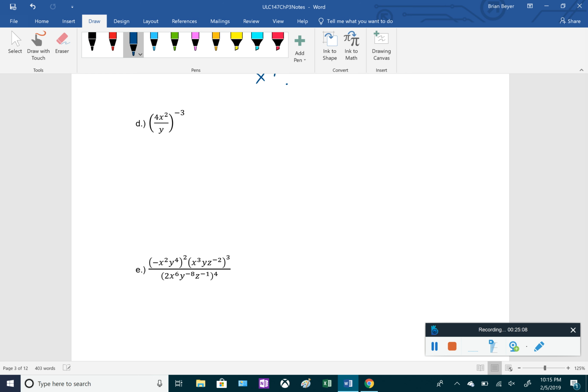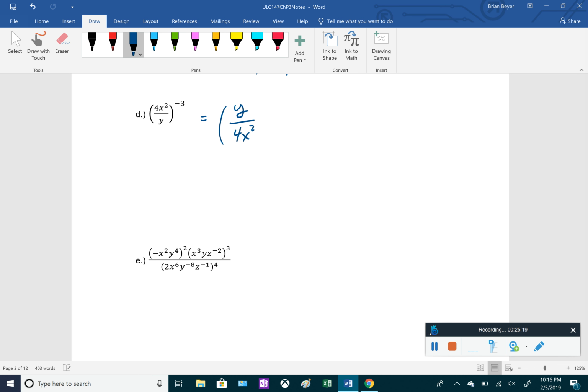Next one, 4x squared over y to the negative 3. Once again, the whole entire thing is raised to a negative, so let's just reciprocate it right away. So it becomes y over 4x squared to the positive 3. We give the numerator the exponent as well as the denominator.